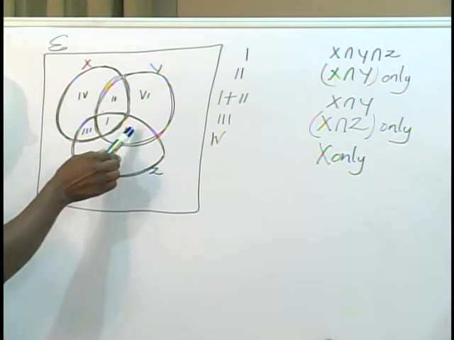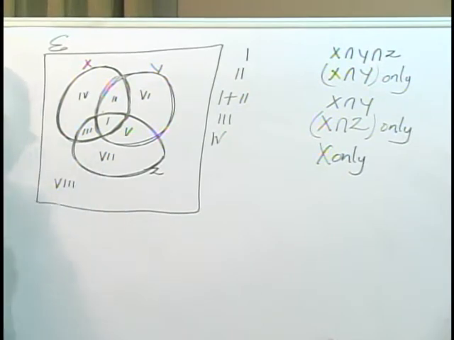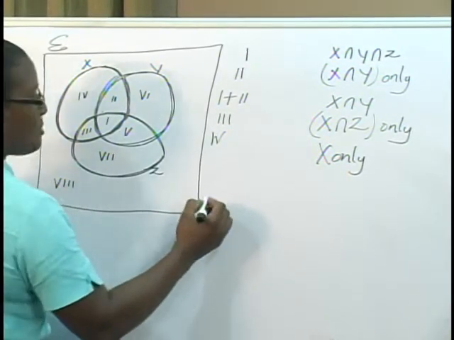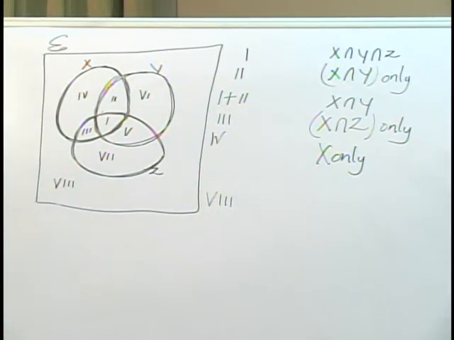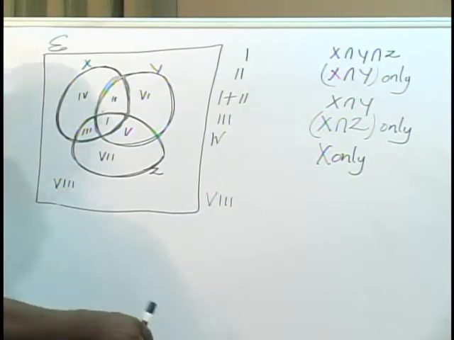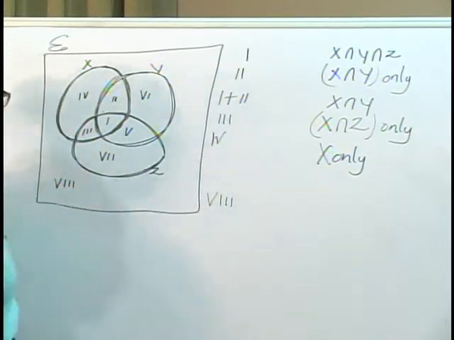So what would we name 5? Y intersect Z only. 6 and 7, Y only and Z only. Now I want the 8th region. How do I write the 8th region in set form, naming the set?